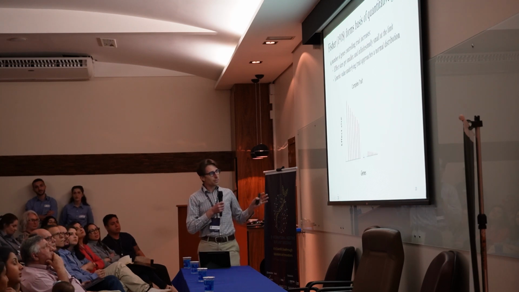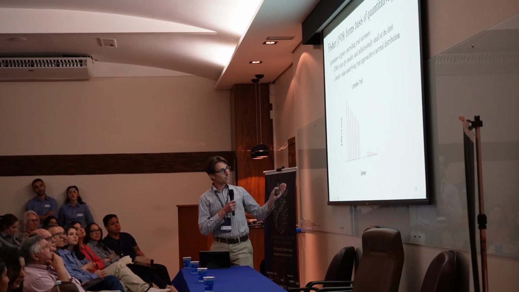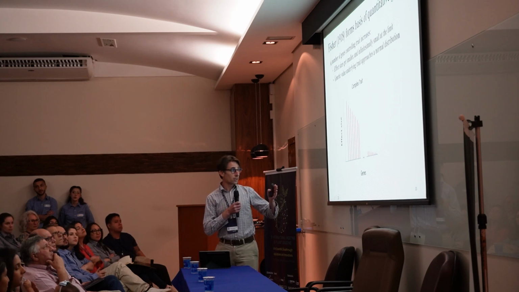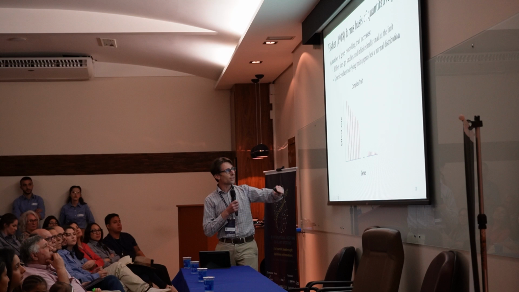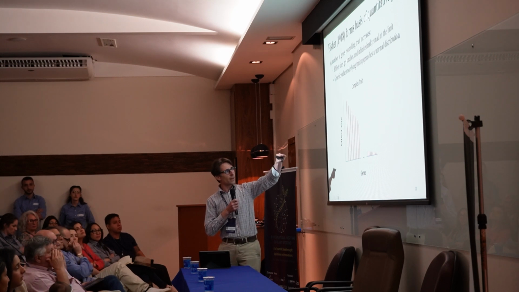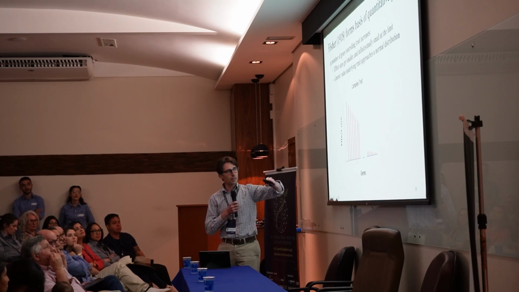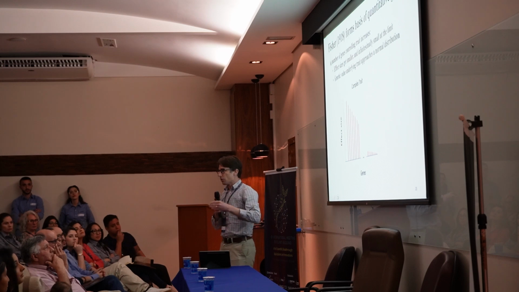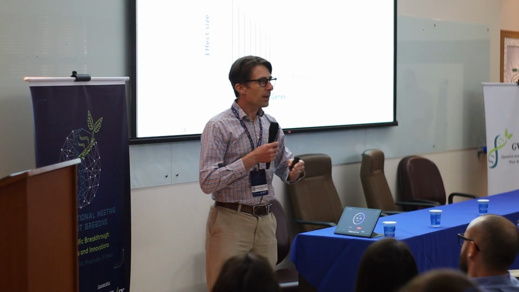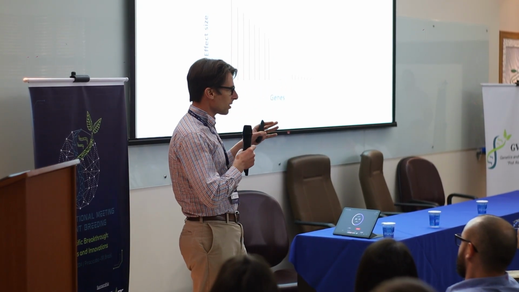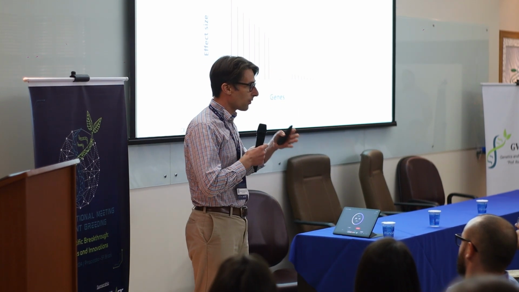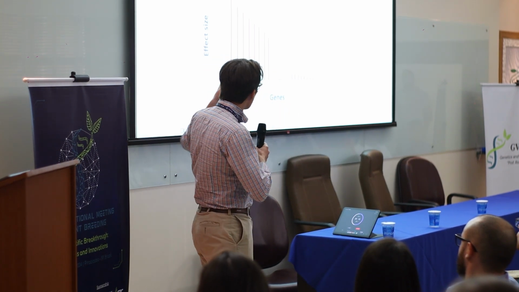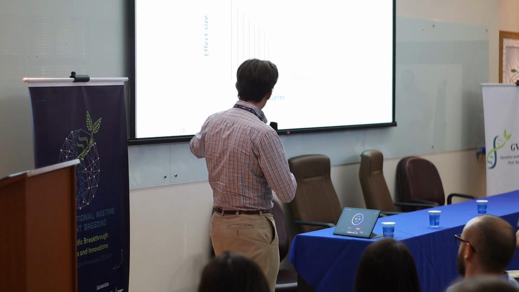So if we were to make a graph of the genetic architecture of a complex trait, your genes would be on the x-axis, and the effect size is on the y-axis, and you see that the effect sizes get smaller and smaller and smaller. And in the longer version of this presentation, I would show you that GWAS and genomic selection results, for the most part, affirm that this model is correct.